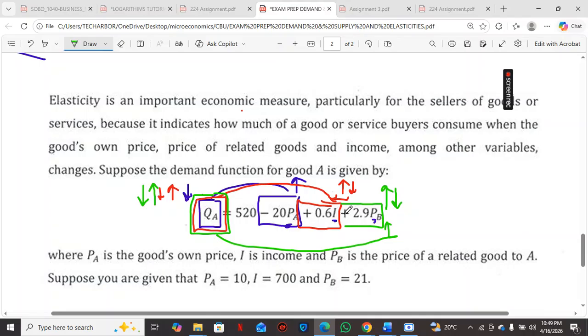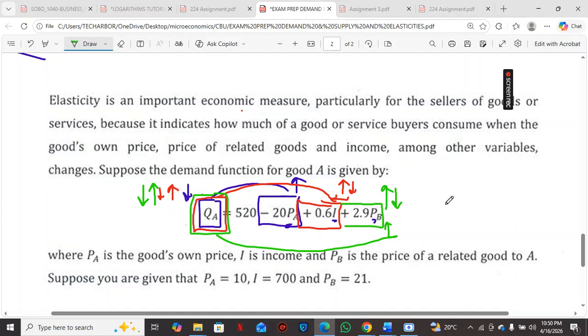Because of this positive sign, if the price of good B goes up, it means good B is more expensive relative to A. So people stop buying good B and substitute it with good A. That's why the quantity demanded for good A is rising. If the price of good B goes down, it means good B is cheaper than good A, so people start buying more of good B and the quantity demanded of good A will drop.